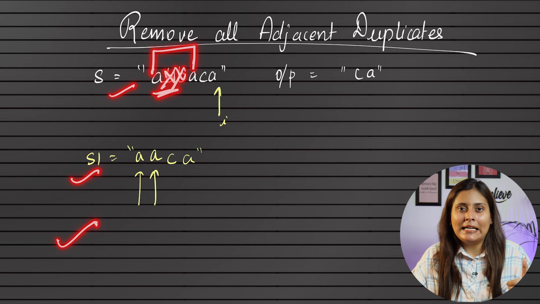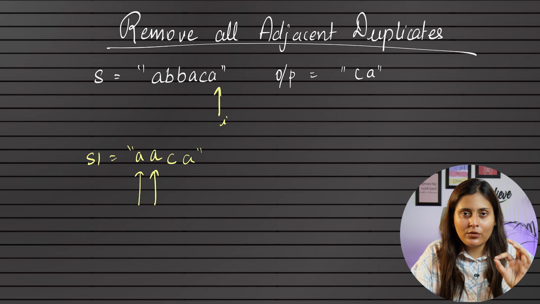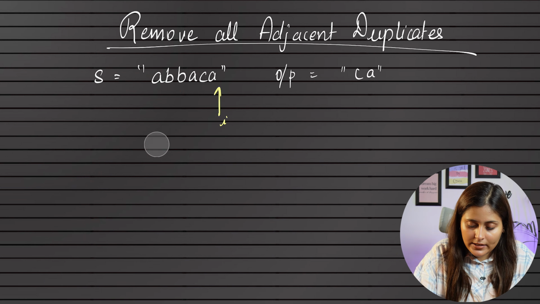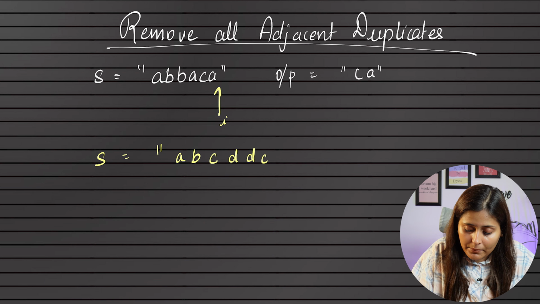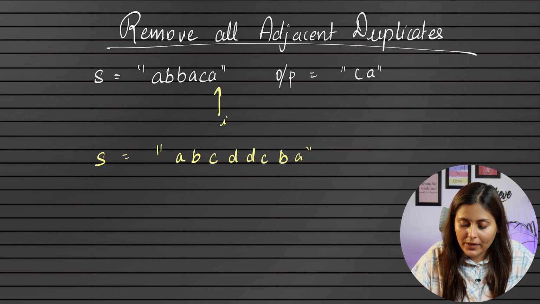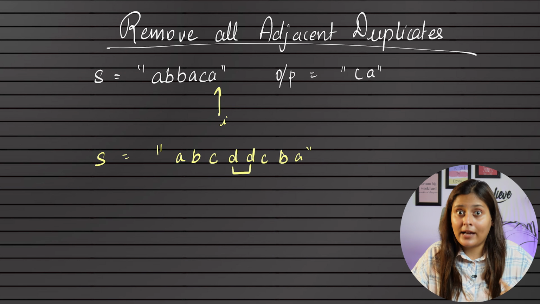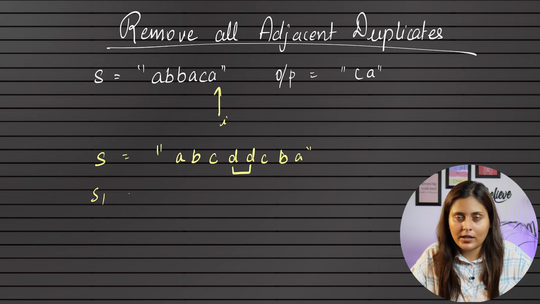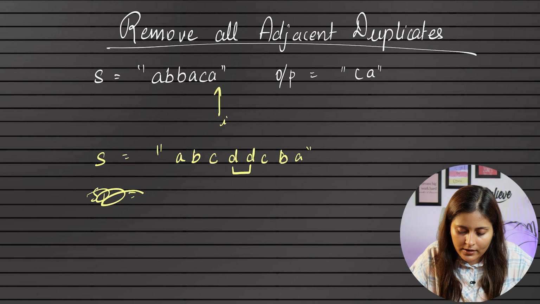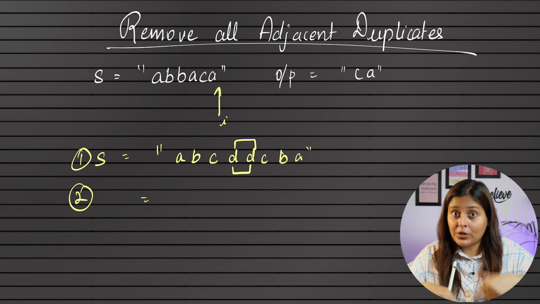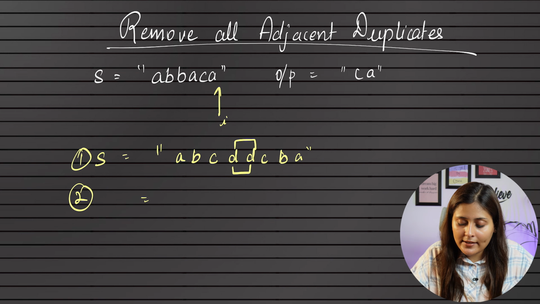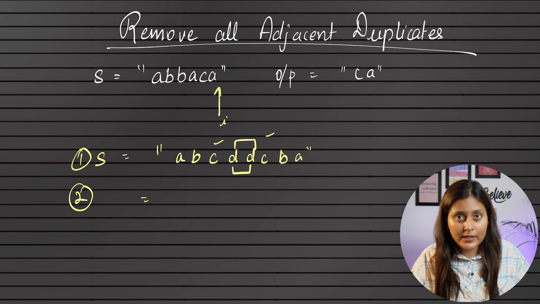So I can say it depends on the duplicates also, but in the worst case, let's see. Suppose we have A, B, C, D, D, C, B, A. Okay, D gets deleted, flag will be on. One more time you will run the for loop. Like first time you run, second time again you will run because flag is activated because you deleted something, correct? So next character and previous character might be same, and here it is.